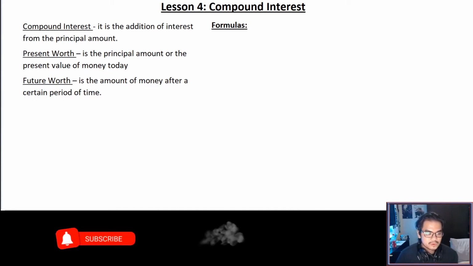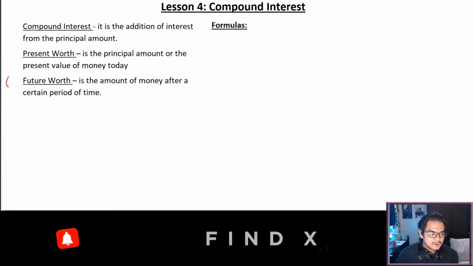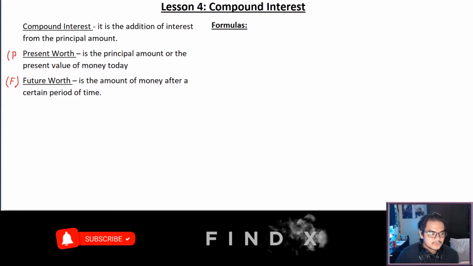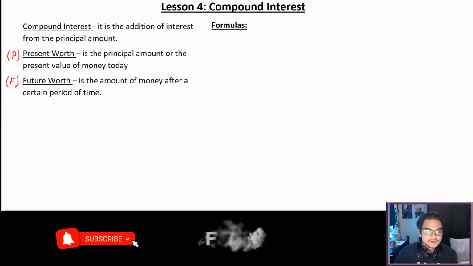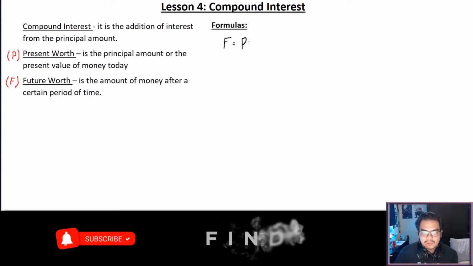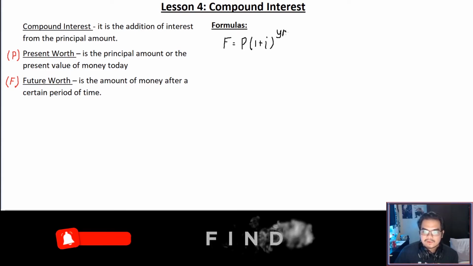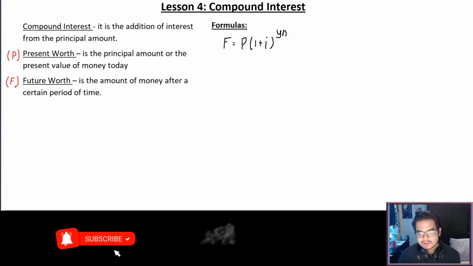For the future worth, I will use the symbol F, and for the present worth, I will use the variable P. The formula will be: future worth is equal to the principal amount or present worth times 1 plus i raised to yn. Later on, I will discuss what y and n are.